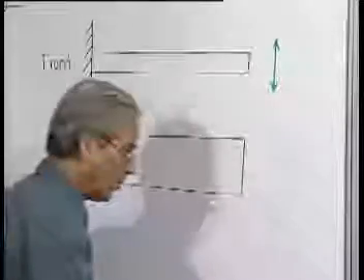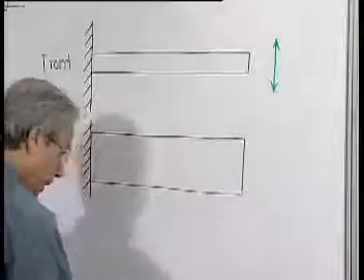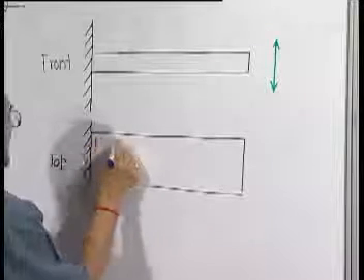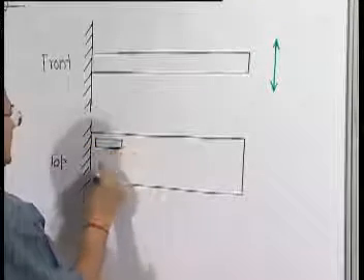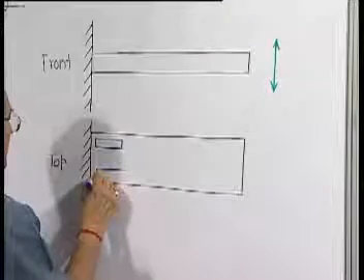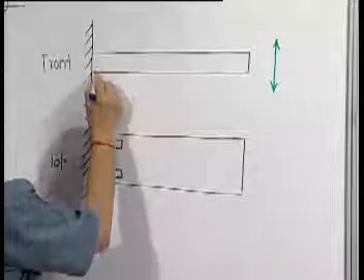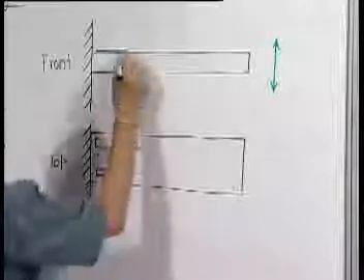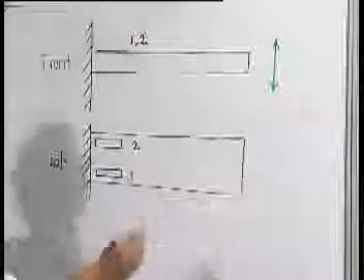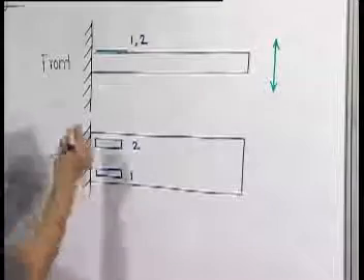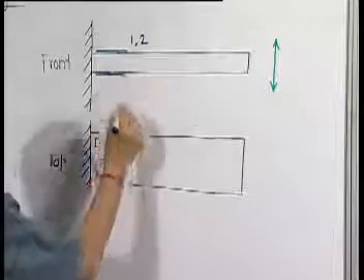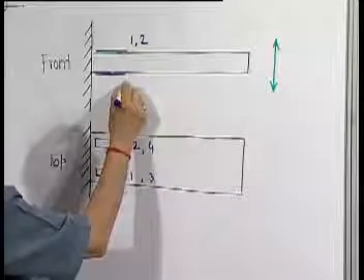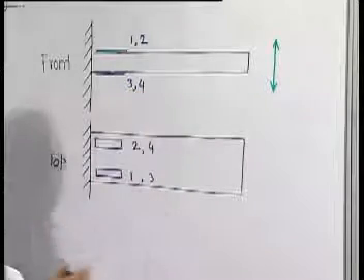Now if we apply strain gauges, say we put one strain gauge here and one here on the top surface, so on the top surface we have 1 and 2. In this view they will look like this. Similarly, on the bottom surface we will have 3 and 4.